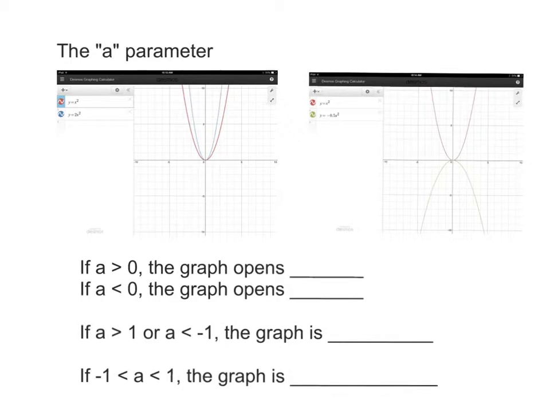So we're going to look at that a parameter first. And I have a couple of graphs here. The first one, y equals x squared, is that red graph, and y equals 2x squared is the blue graph. And how are they different?